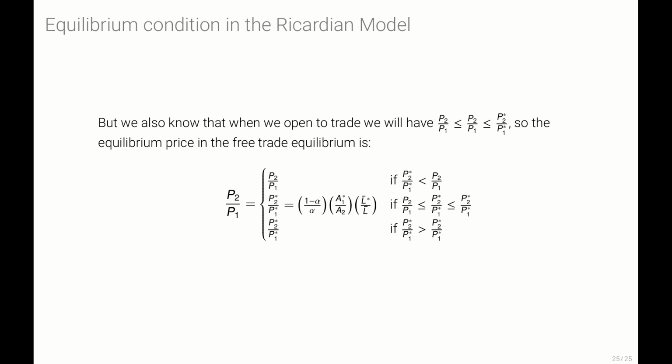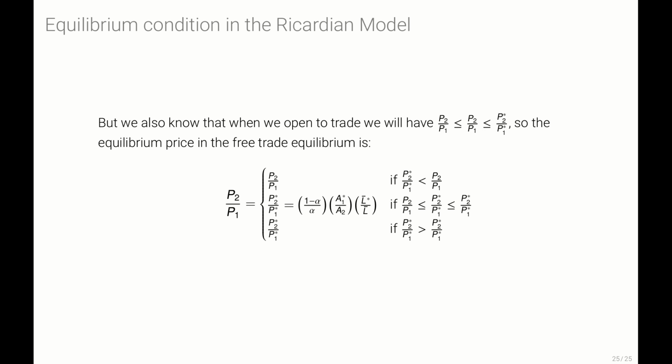It reflects that if both countries are fully specializing, we can solve for the price very easily. However, if we find that this price, assuming they're both fully specializing, is less than home's autarky price, we would never actually have a world price less than home's autarky price, and so the equilibrium price is just going to be exactly home's autarky price.